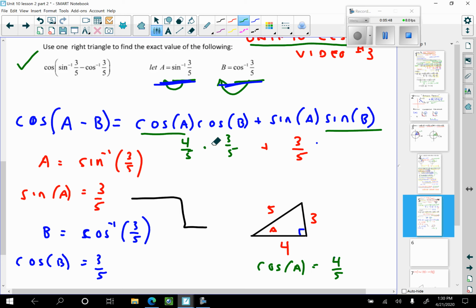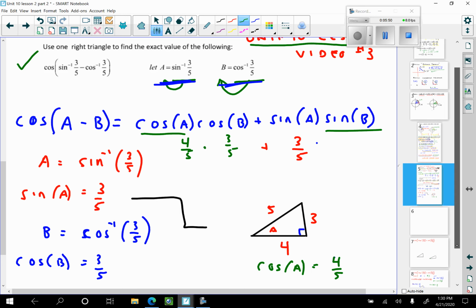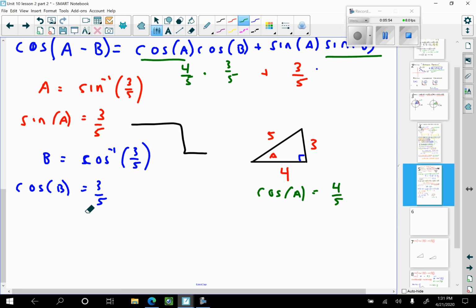In like manner, I'm going to create a triangle for this guy right here. This one's going to be a little bit higher, where this angle right here is B. I know by my geometric definition of trigonometric ratios that the cosine is the adjacent leg over the hypotenuse.